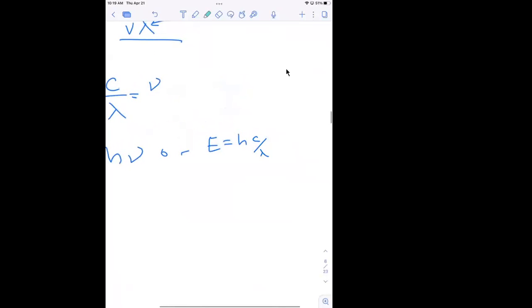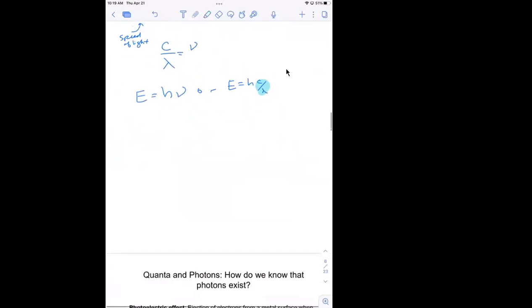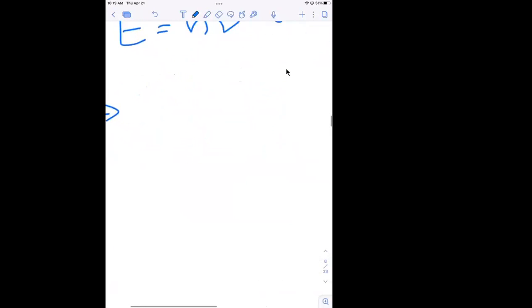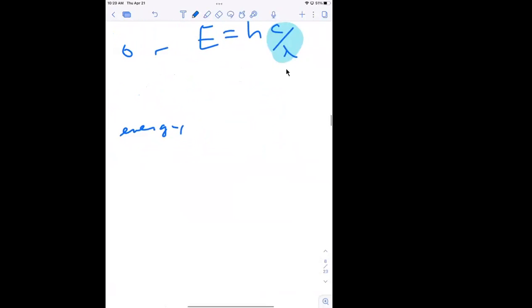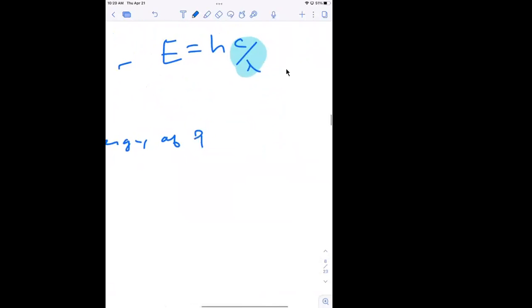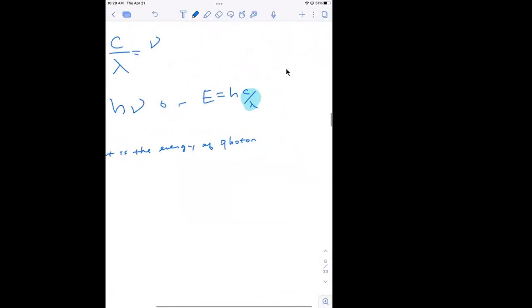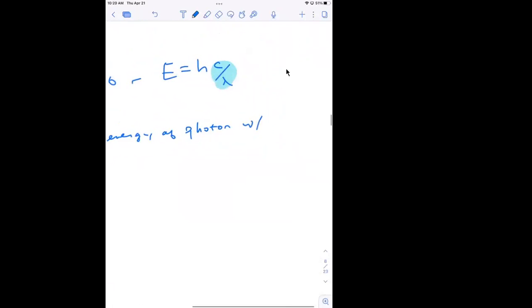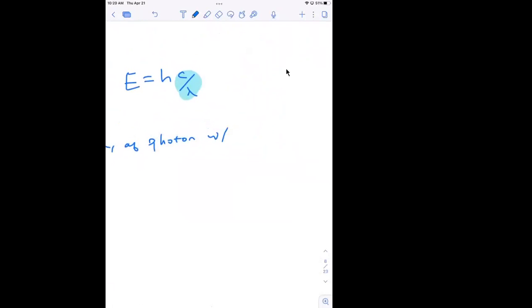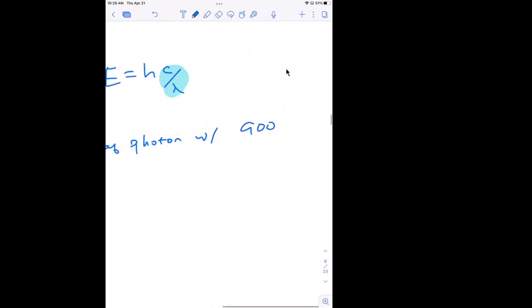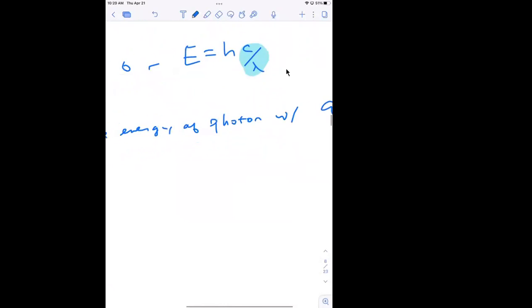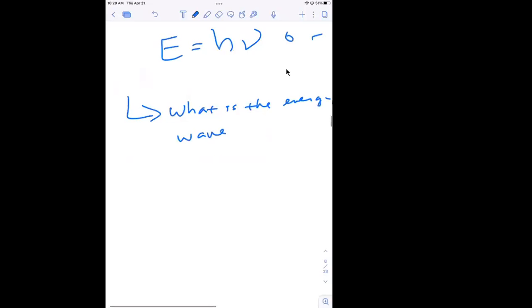You can always sub in the c over lambda for the frequency. All right, so let's say we have light. What's the energy of a photon with a 900 nanometer wavelength?